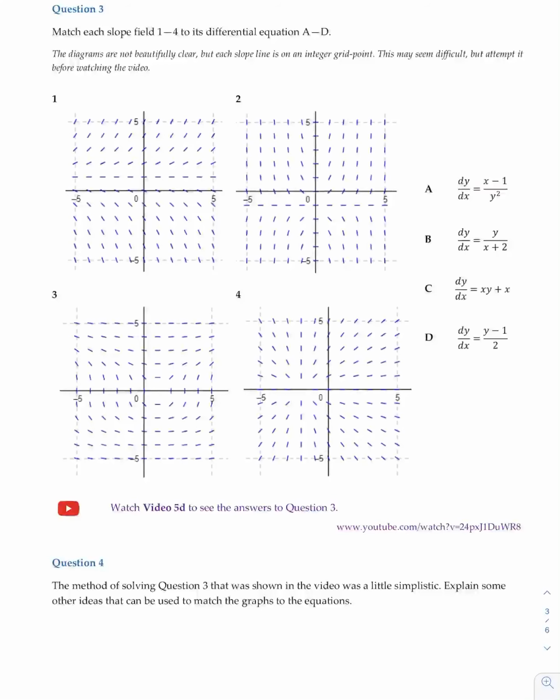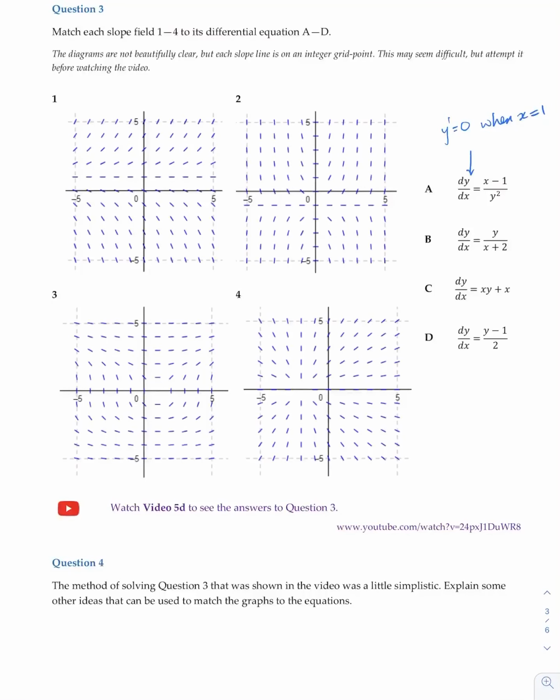So if I just look at A, B, C, D, I notice that A, in this one, dy/dx equals 0 when x equals 1. And spotting a gradient of 0 is very easy here.